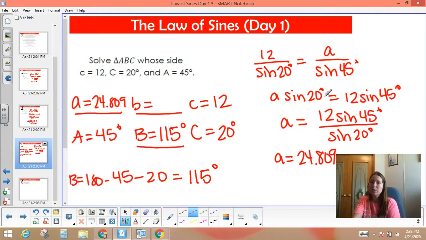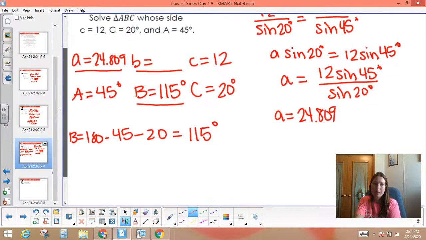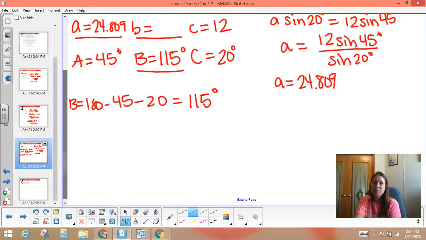So then to find side B, we're going to set up something similar to what we did for side A. It's a good rule of thumb to try not to use these things that you found where you had to round the decimals.